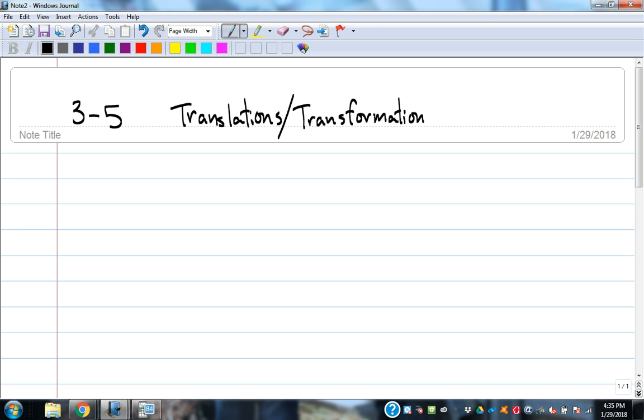But I try to make this as simple as possible and give you a concrete idea of what's happening as we go along. When we're talking about graphing techniques, the idea is that you would be able to take a function and, just based on the information they give you about the transformation or translation they've done, write the equation of that function.